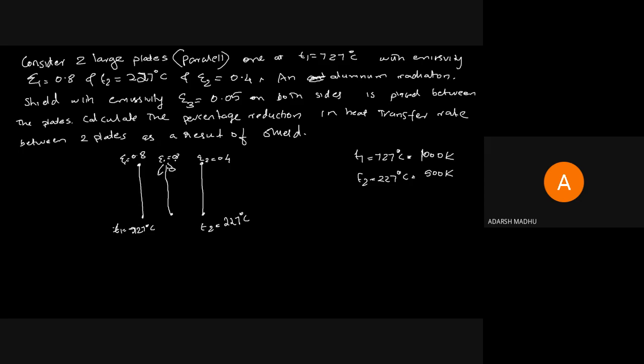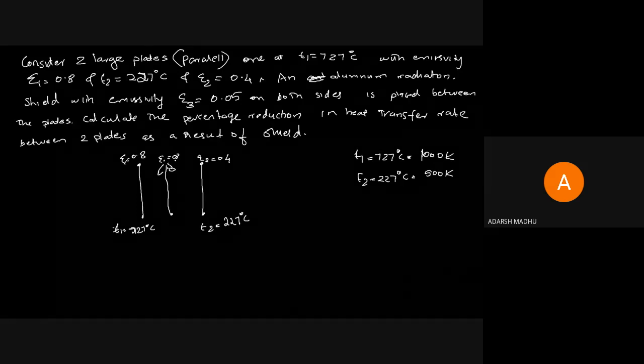Percent reduction in heat transfer between two plates means initially you want to find the heat transfer without the radiant shield. So if there is no radiation shield, the heat transfer rate will be maximum, right? There is a maximum possible value of heat transfer.